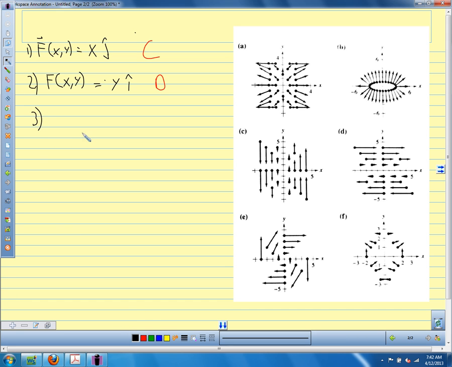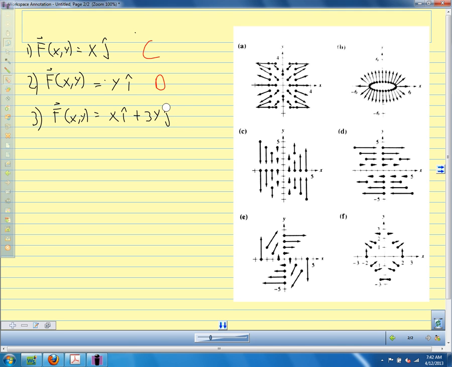Let's look at our vector field xy is x i plus 3y j. We want to match that one.